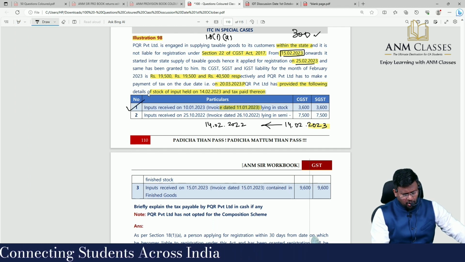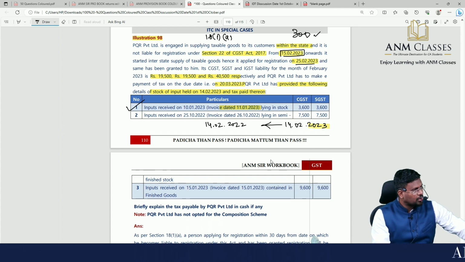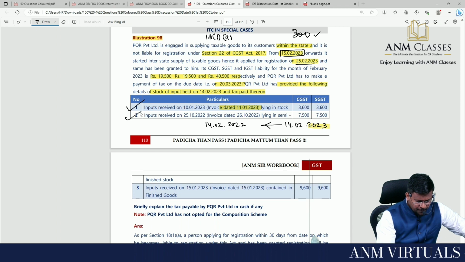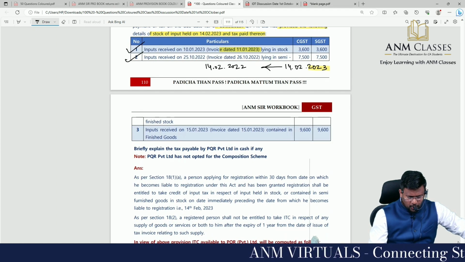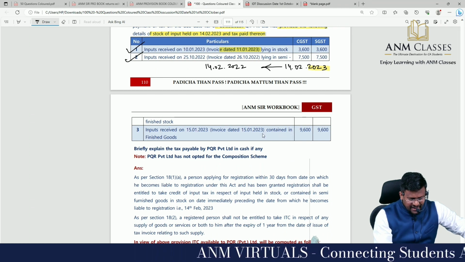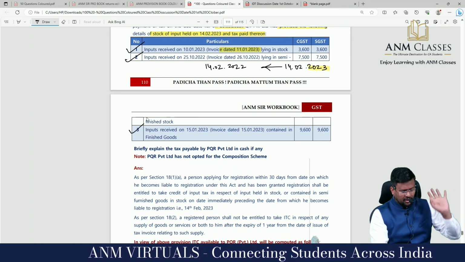Input received on 25/10/2022, put that in the dustbin. Invoice dated 26/10/2022. Is this after 14/2/2022? Yes, sir. Eligible ITC. Inputs received on 15/1/2023, invoice dated 15/1/2023. This is 2023, so it is eligible ITC.